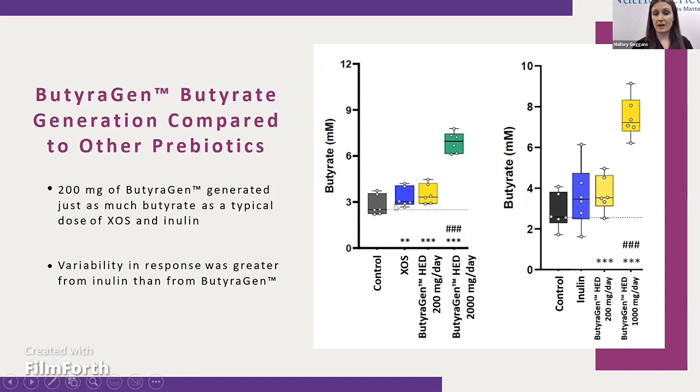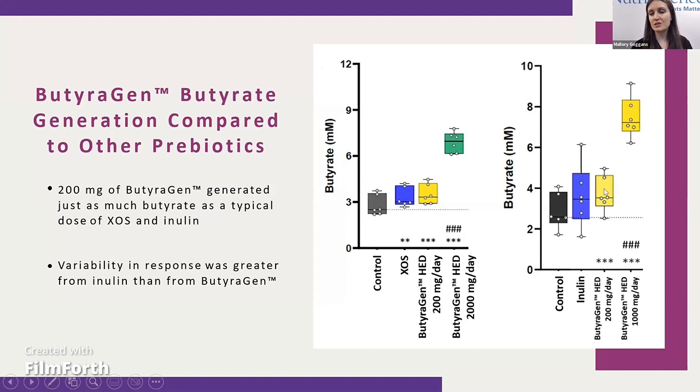This was 1 gram of XOS added to this system. As far as I'm aware, it is the current lowest dose prebiotic on the market, but ButyraGen with just a fraction of that mass produced the same amount of butyrate in the system as XOS. And then, of course, going much higher with the dose of ButyraGen, you see a much higher production of butyrate in the system.